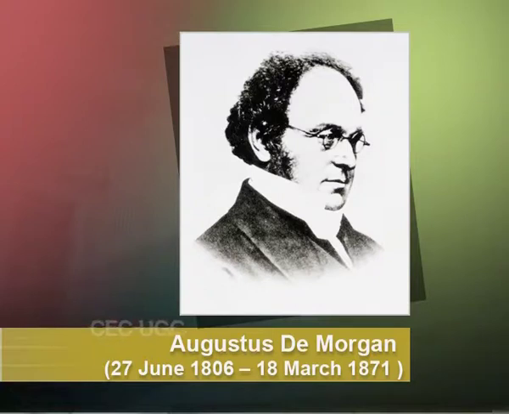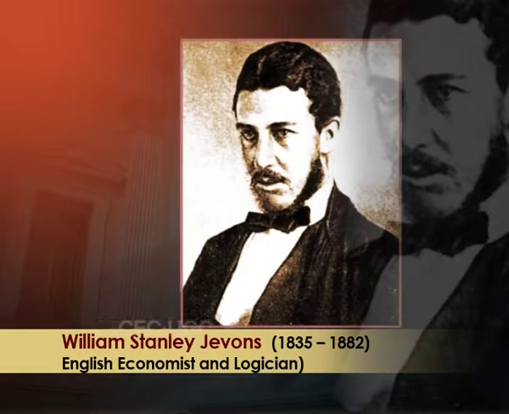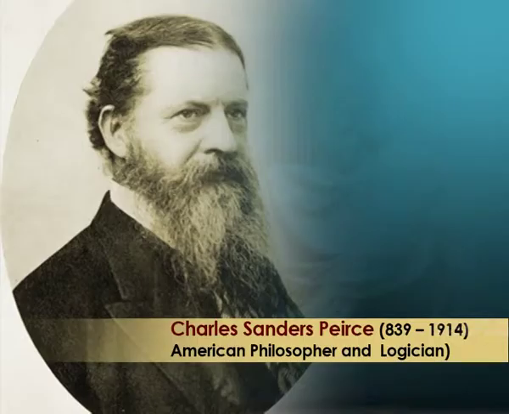Other important 19th century logicians who contributed to the development of symbolic logic included Augustus De Morgan, lifespan 1806 to 1871, W. S. Jevons, lifespan 1835 to 1882, and C. S. Peirce, lifespan 1839 to 1914. A number of mathematicians on the continent of Europe were interested in the foundations of mathematics.